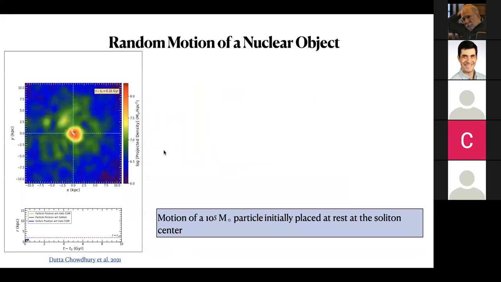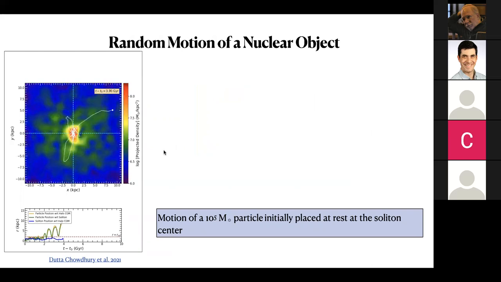Okay. So there are these different sources of heating in a fuzzy dark matter halo, or different sources of gravitational potential fluctuations. One is the fact that the soliton is moving around. The second is the fact that there are density oscillations in the soliton.